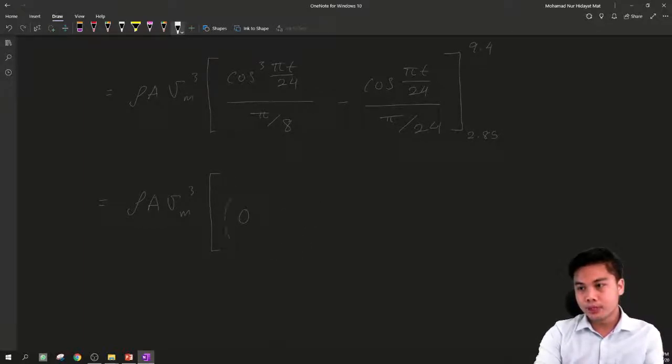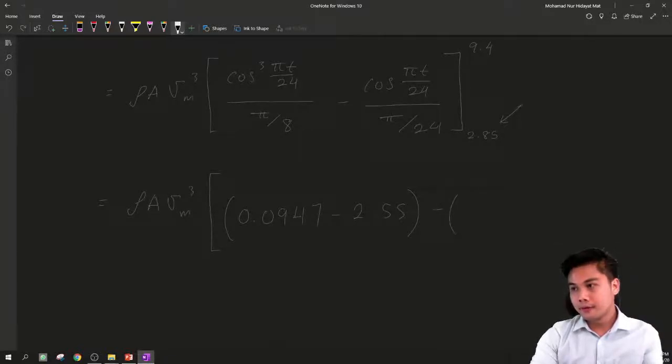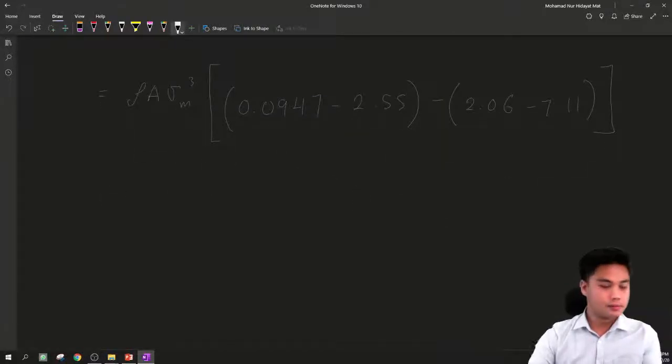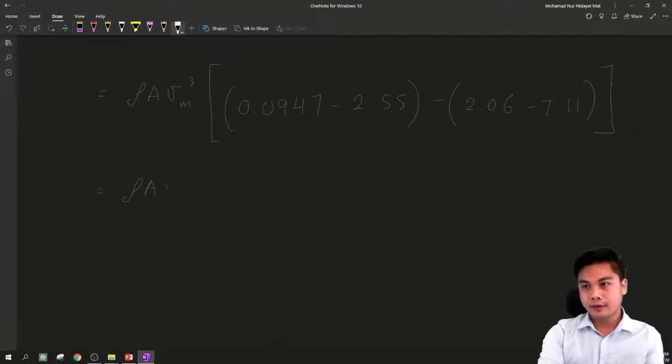You will get 0.0947 in this term, minus this term 2.55, minus this term. You will get 2.06 minus 7.11. And lastly, to solve this, you will get rho A Vm cubic multiplied with 2.6.